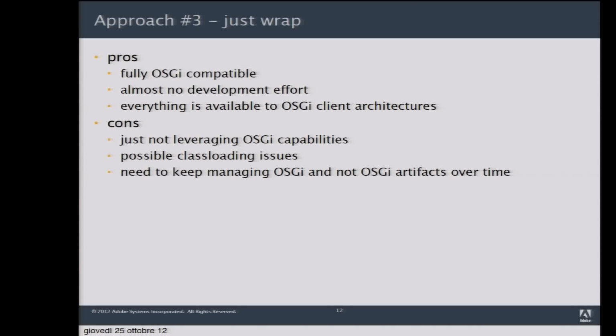In terms of APIs, you can just expose everything so that everything is available to OSGi client architectures, but you're just not leveraging OSGi capabilities. You may have class loading issues, because our framework could have those with OSGi, and still we need to keep managing these two things.